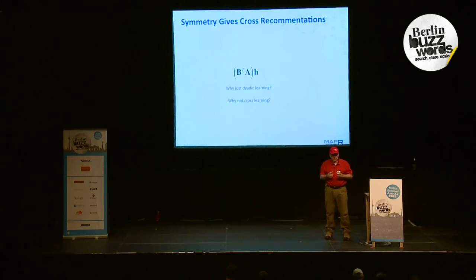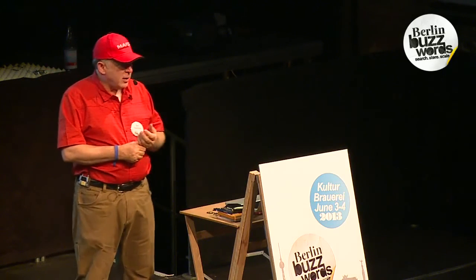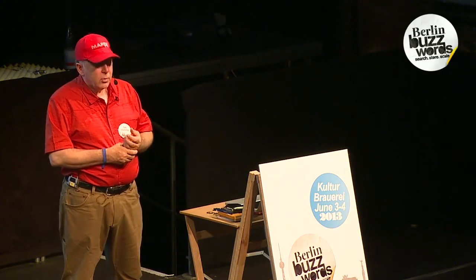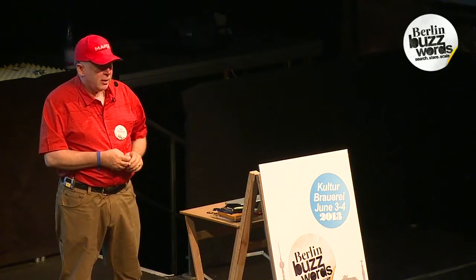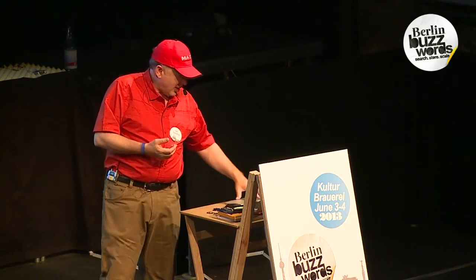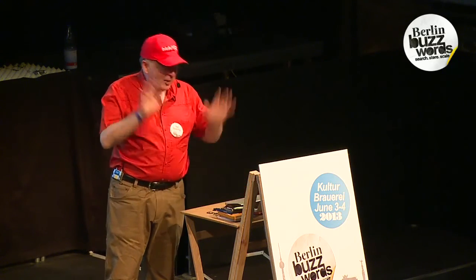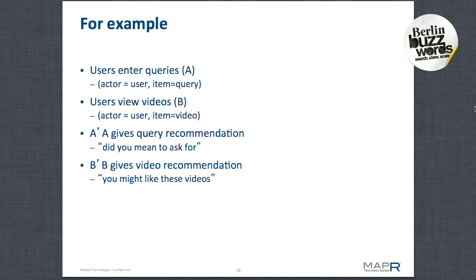I said, well, it's obvious. And he said, why is it obvious? I said, try it, you'll see. He tried it, and it worked really well. So I've changed my talk a little bit. It's no longer obvious. In fact, I think it's a very clever idea. I just can't take credit for it because I said it was stupid.